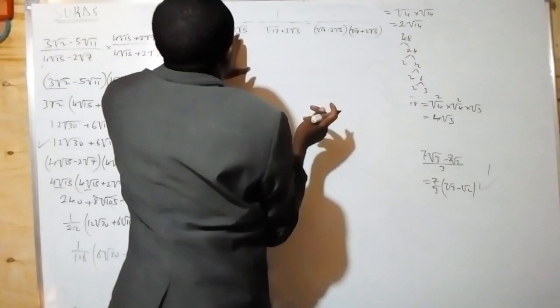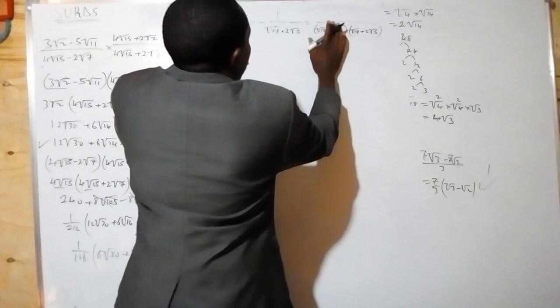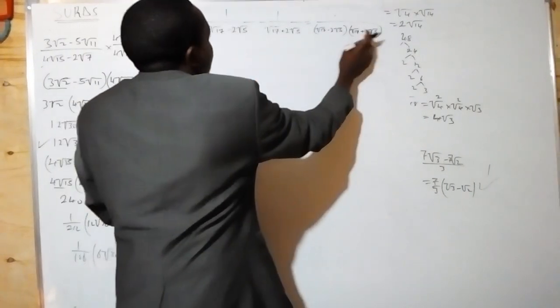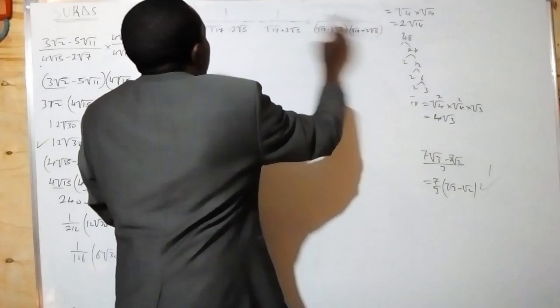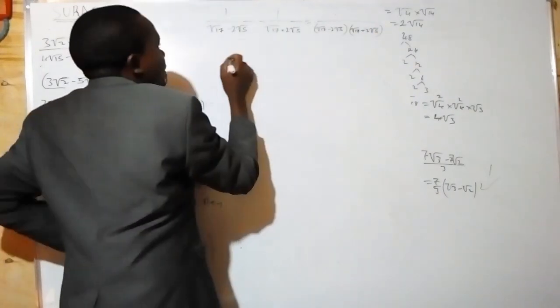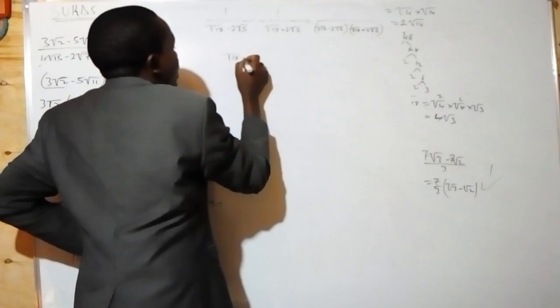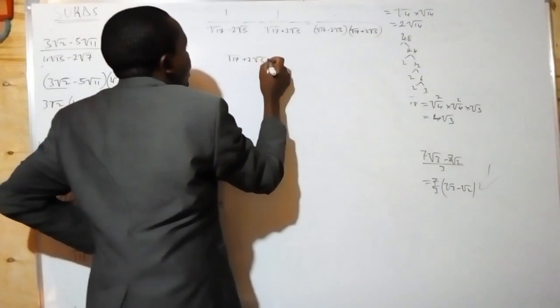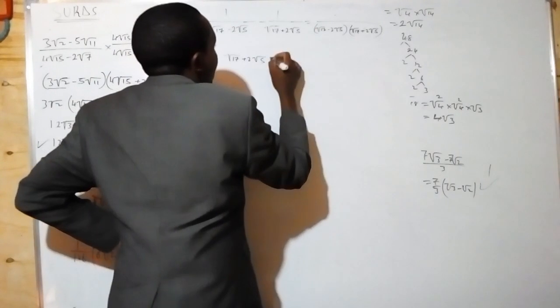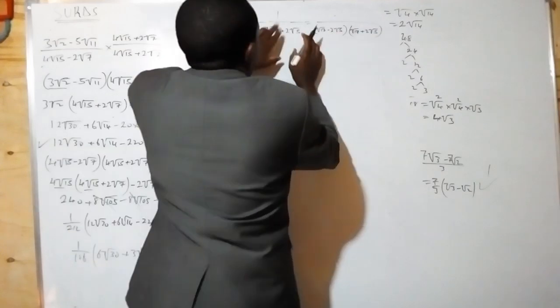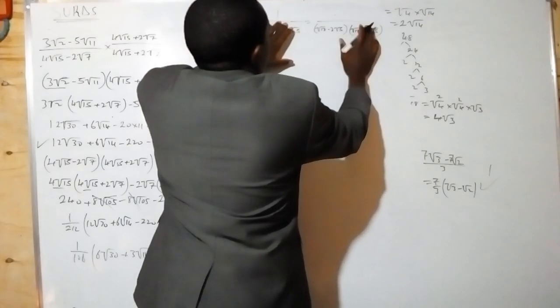This and this will cancel out, so you'll be left with root 17 plus 2 root 5 multiplied by 1. You are going to get the same root 17 plus 2 root 5. Then we have a negative sign there. You take the same, you divide by this, positive and positive you cancel, you'll be left with this.